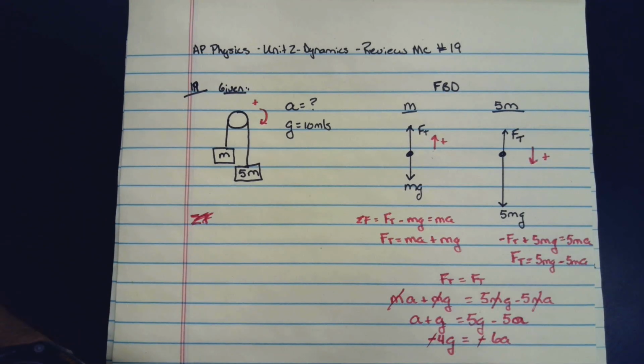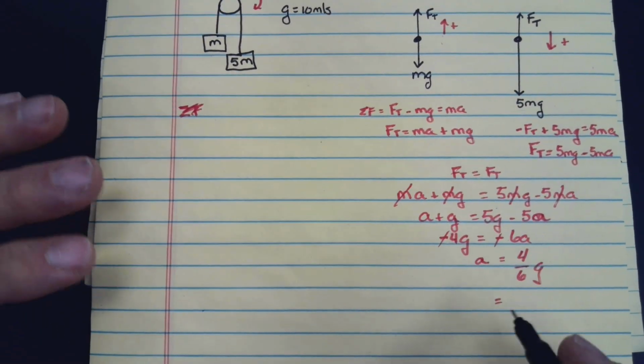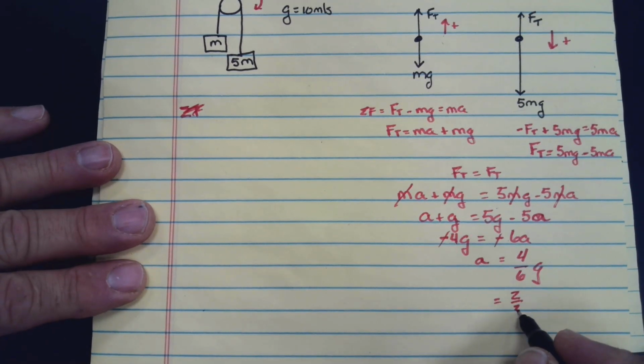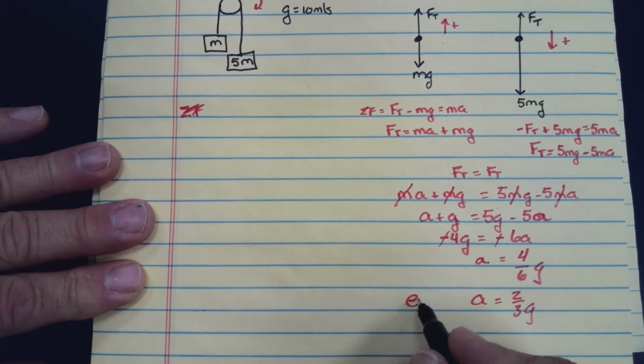I can get rid of my negative signs, and a is going to be equal to 4 over 6 g, which can be reduced down to 2/3 gravity, which was answer number E.